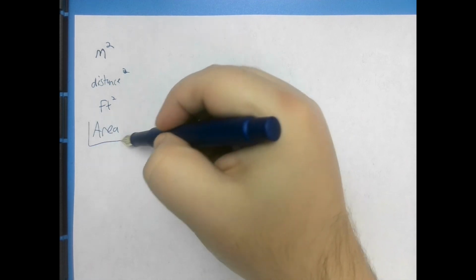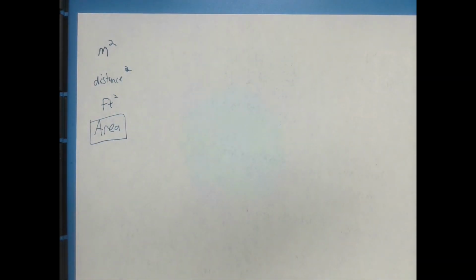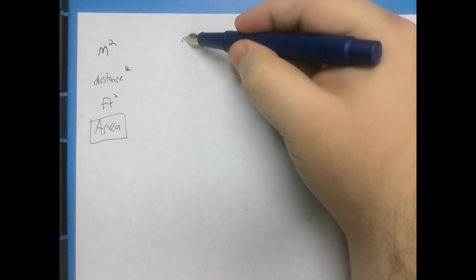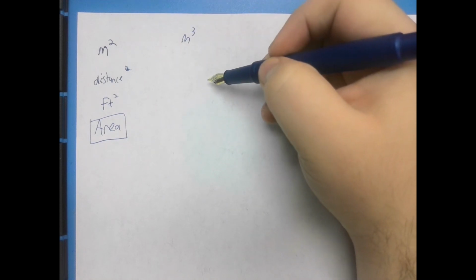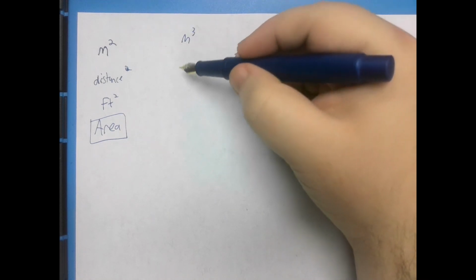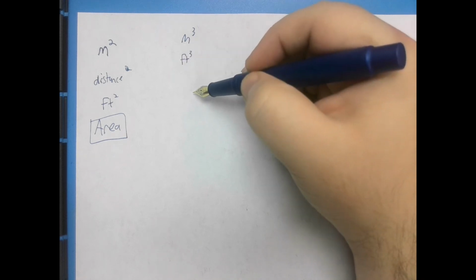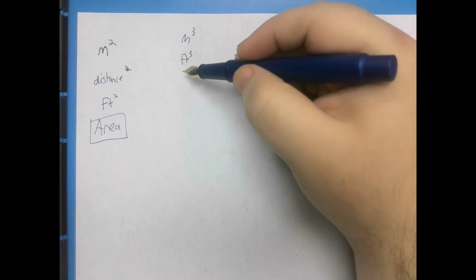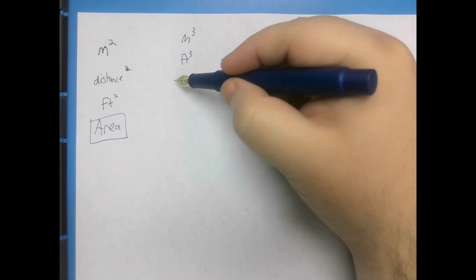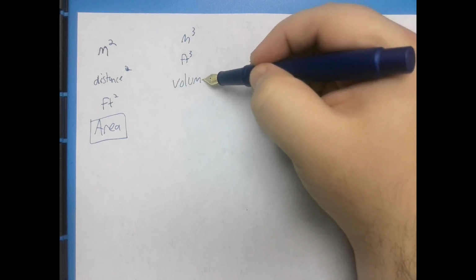Area. The unit of area. Meters cubed. Volume.